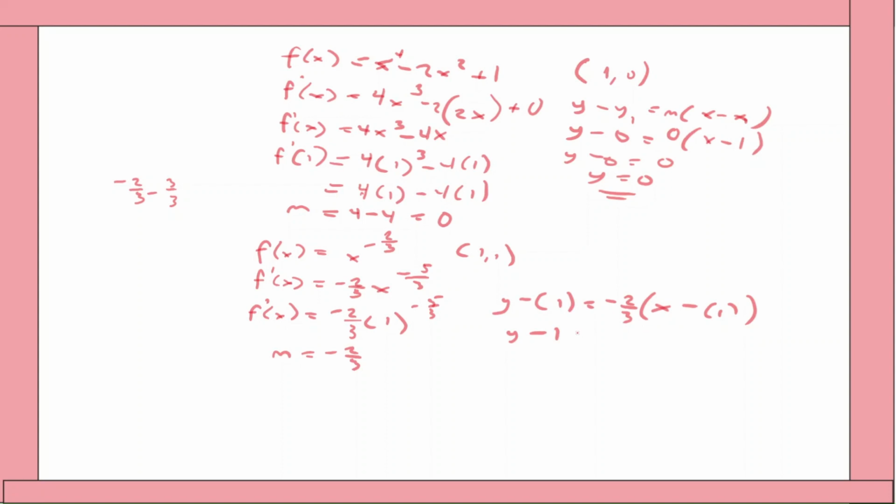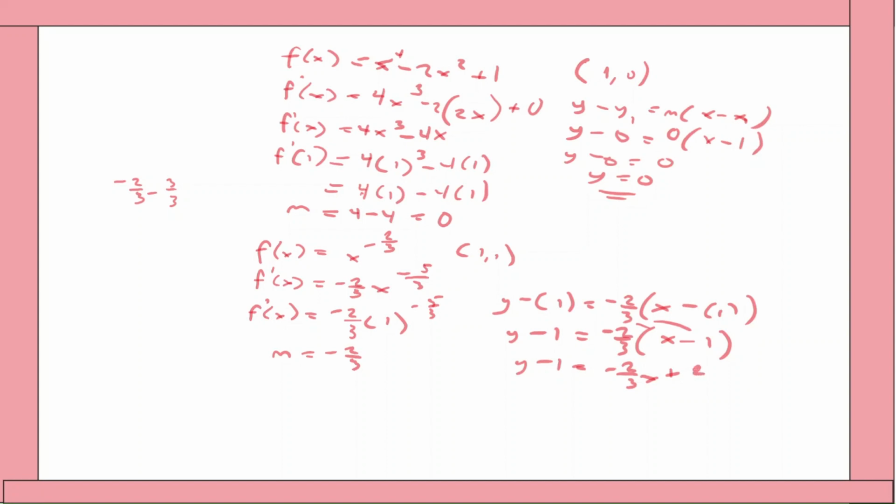That would be y minus 1 equals negative 2/3 times x minus 1. Now we would distribute the negative 2/3. We would say that it's y minus 1 equals negative 2/3 x, and this times 1 will again just give you a positive, because it is a negative there.